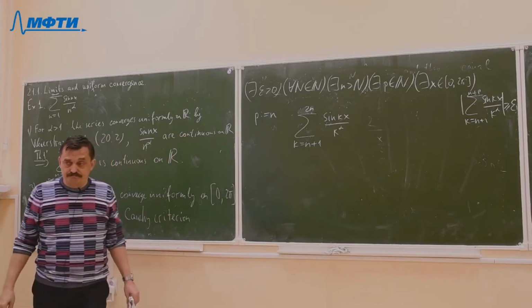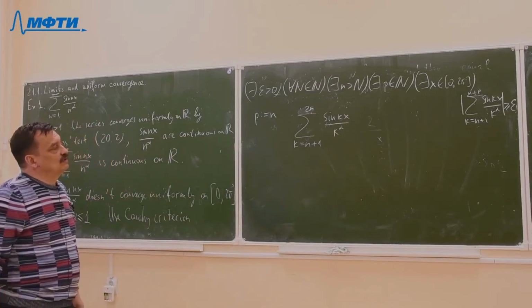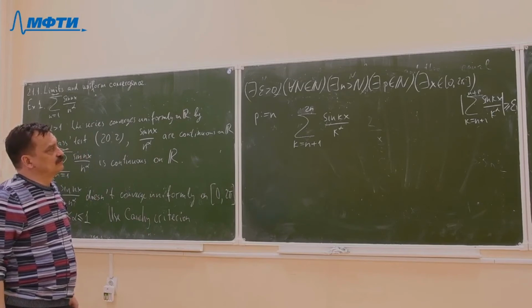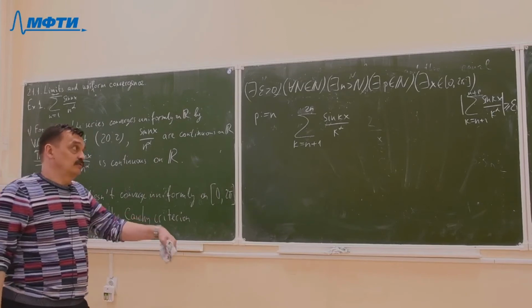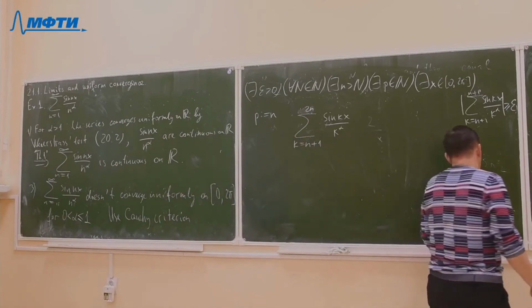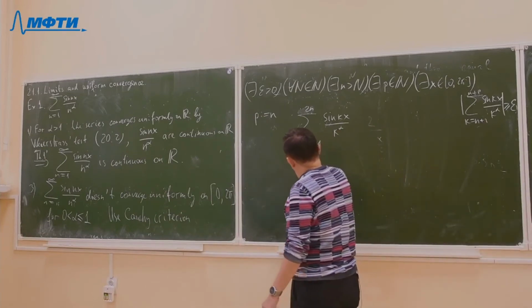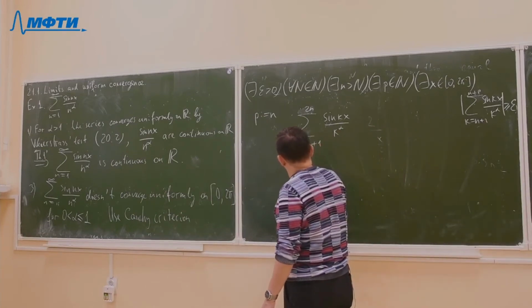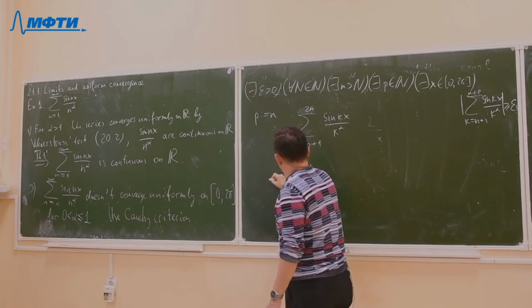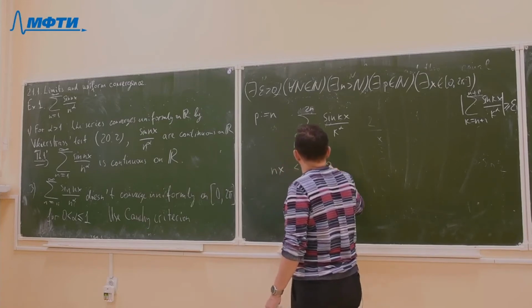So to estimate below, I have kx, look, greater or equal, less or equal to nx.